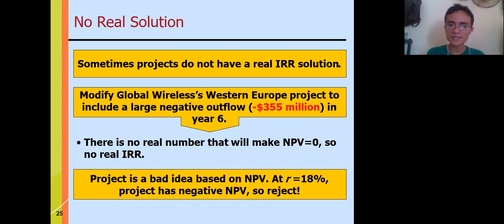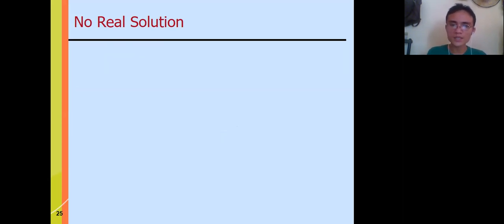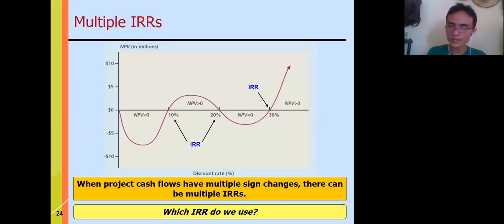If we have that situation, multiple IRRs, which IRR do we use? It should be the IRRs higher than the given cost of capital. In this case, it's 20% and 30%, but which one?